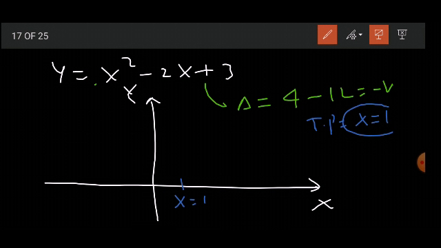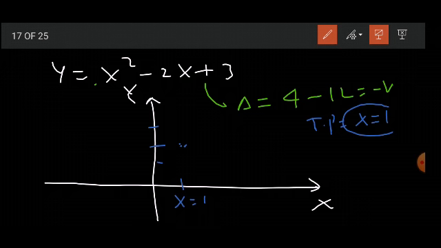If you put x equal to 1, you find 4 minus 2, that is 2. At this point it has the minimum point 1 comma 2, and at 0 it passes through 3.